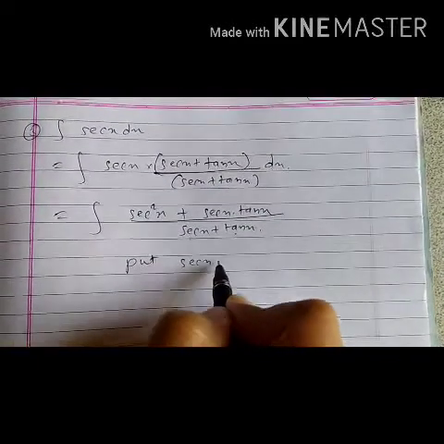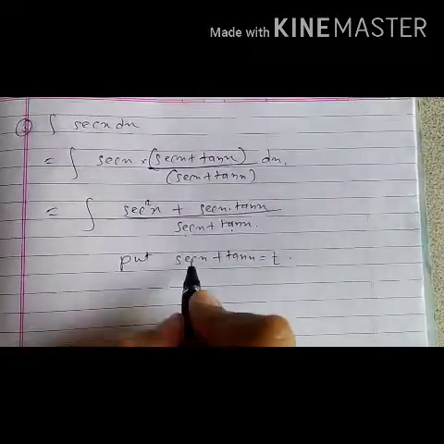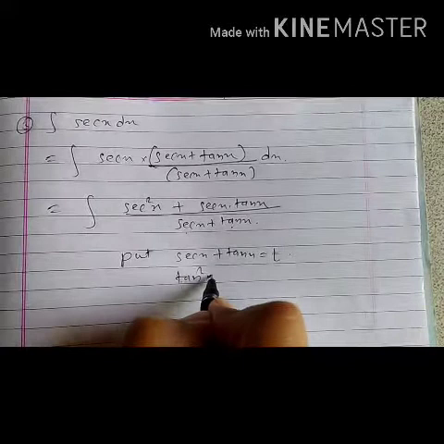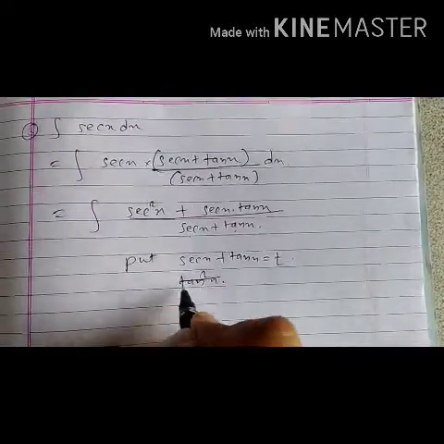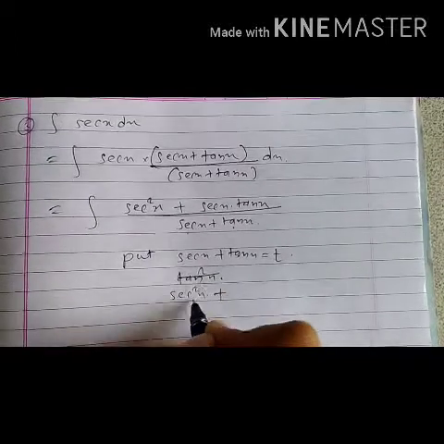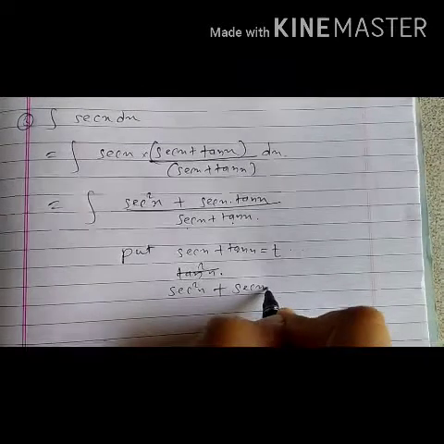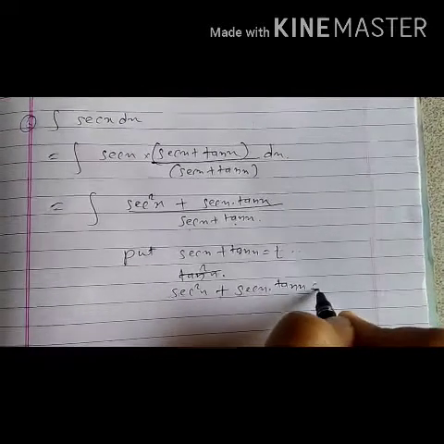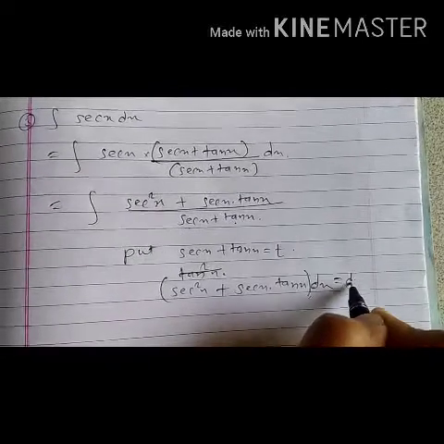Now students, we know that derivative of tan x is sec square x and derivative of sec x is sec x tan x. So we'll put sec x plus tan x equals to t. We are getting sec square x, the derivative of tan x, and derivative of sec x is sec x into tan x, so sec square x plus sec x tan x dx equals to dt.